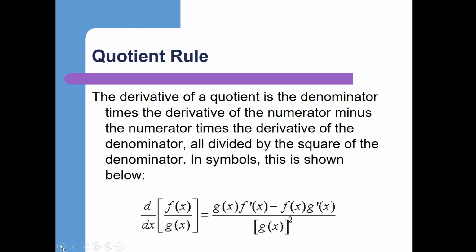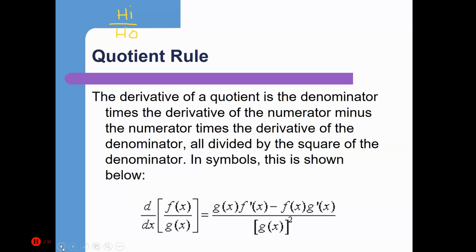So we have f over g, and we're going to call that the high over the low. So it's hi ho, it's off to class you go.